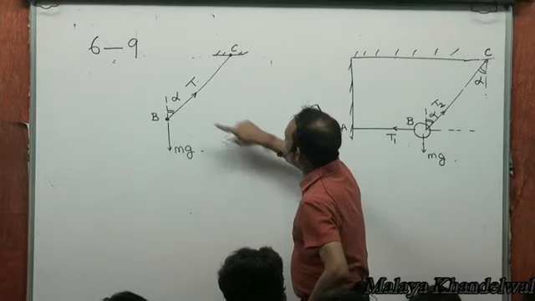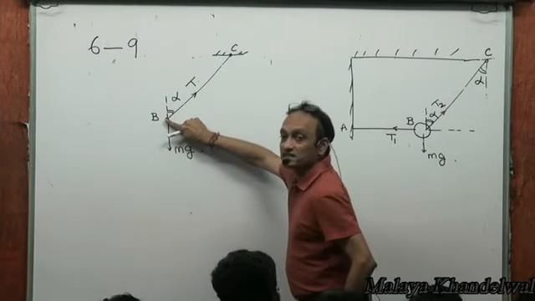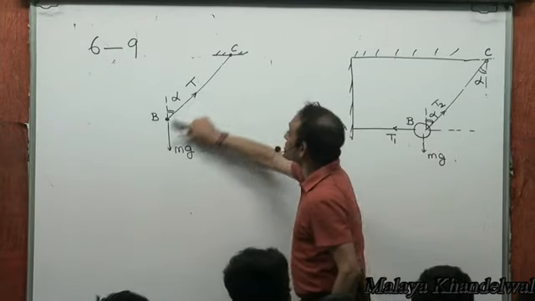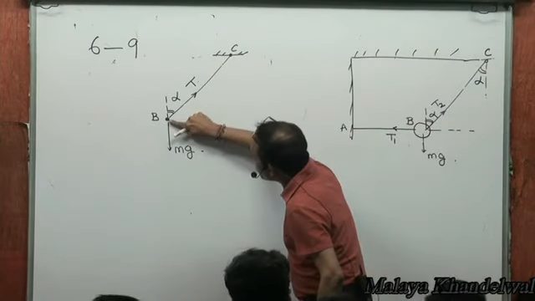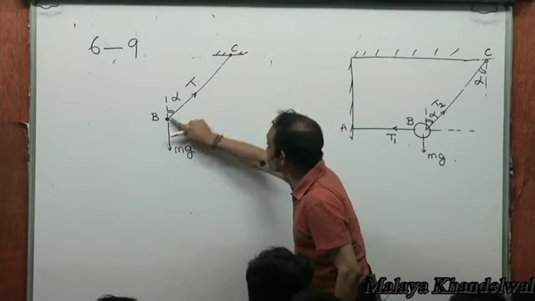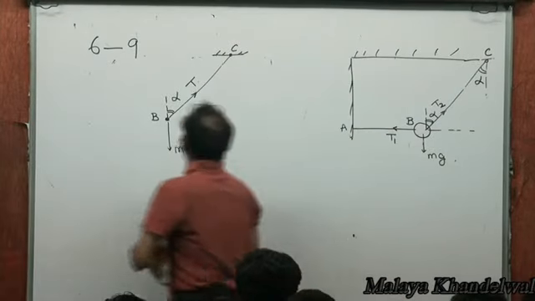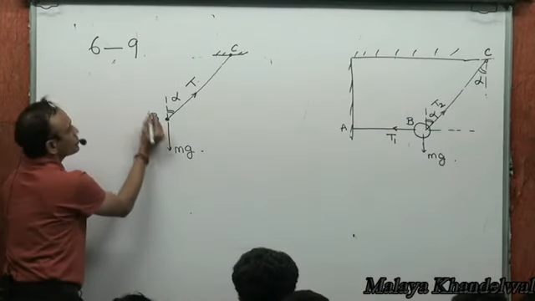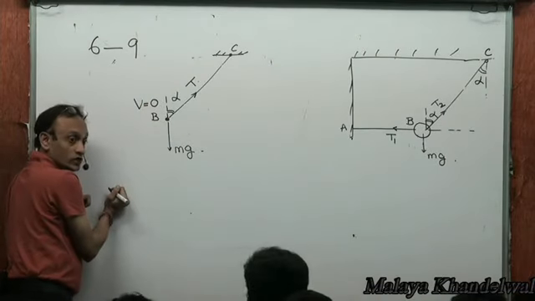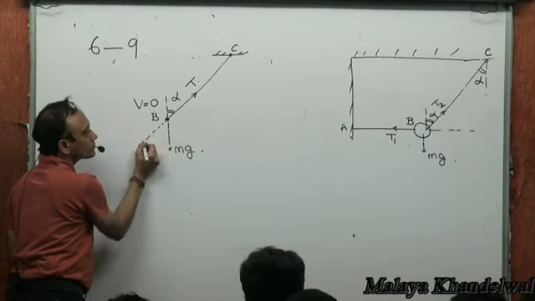Do you realize B would move in a circle of radius BC centered at C? Yes or no? Because this length will remain fixed. The trajectory of B would be a circle whose center is C and whose radius is BC, yes or no? And at this instant, the velocity of B is 0, yes or no?